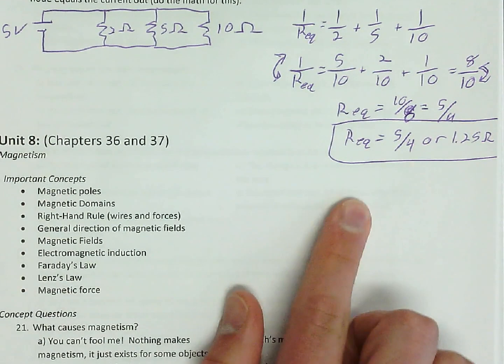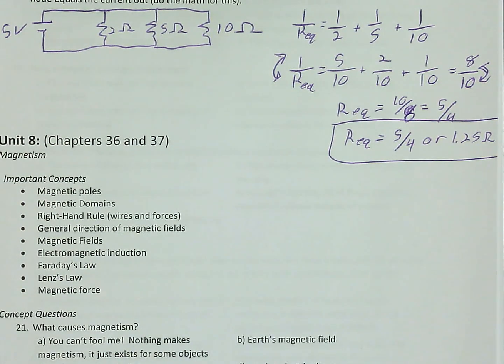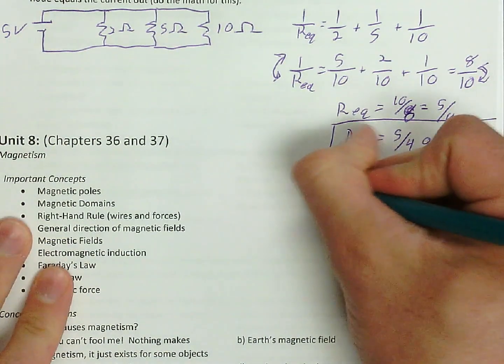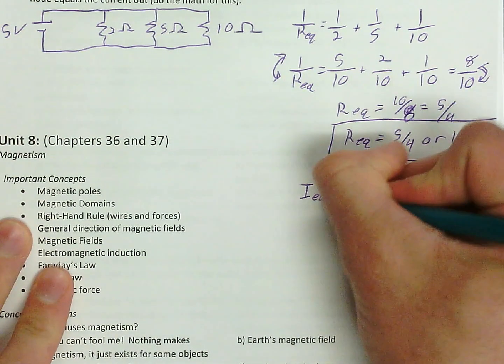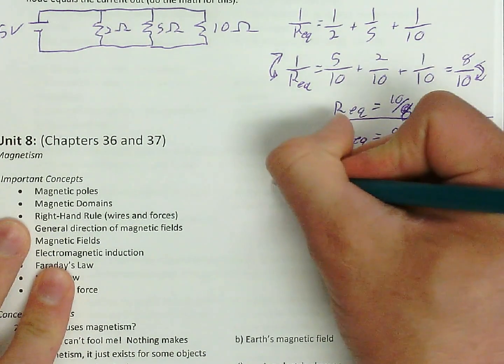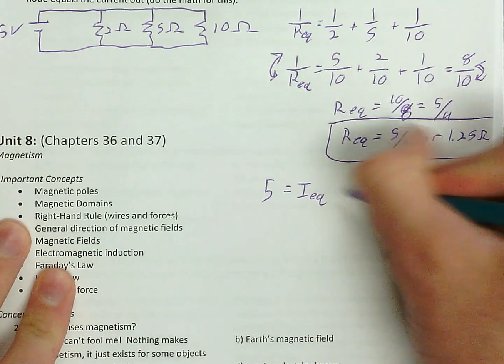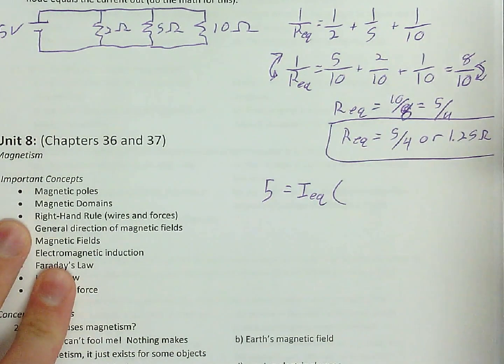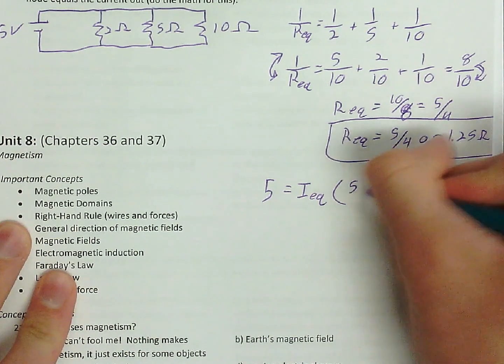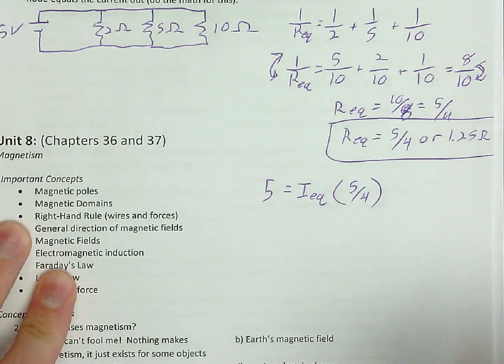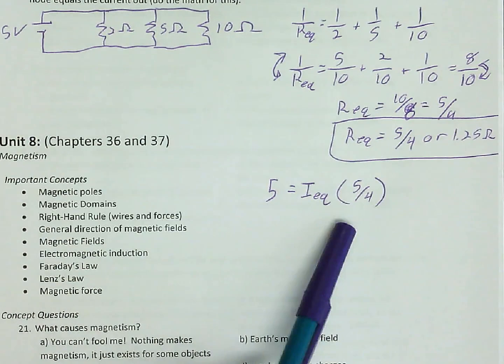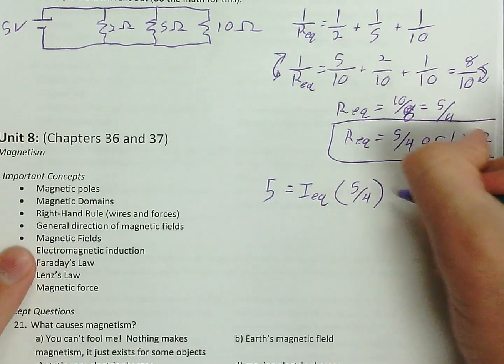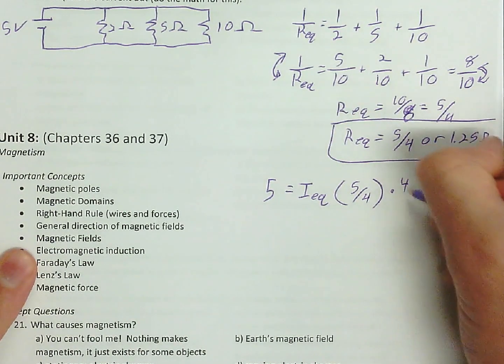So that gives me the Req. To find the Ieq, V equals IR. So the V is 5, and R is what I just got. When you have a fraction, the way you get it to the other side is you multiply by the inverse.